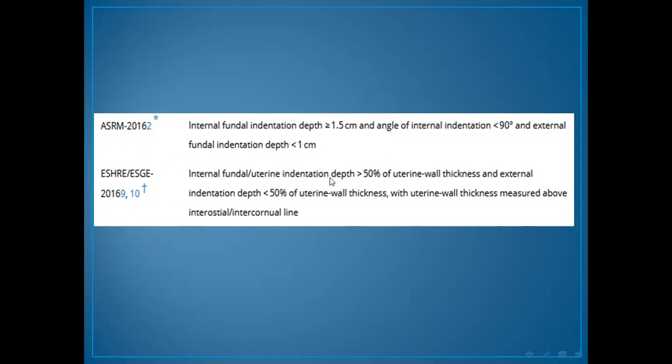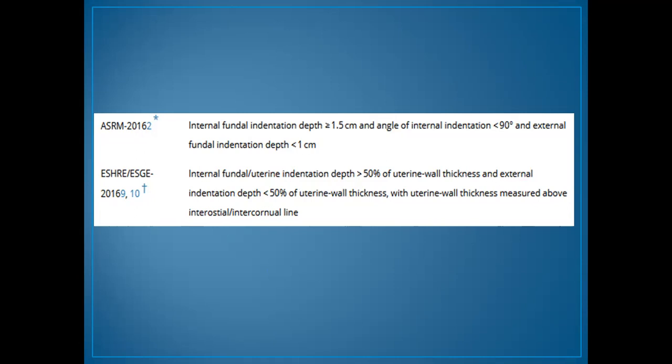Here, internal fundal indentation depth should be more than 50% of the whole uterine thickness, and external indentation depth less than 50% of the uterine wall thickness.